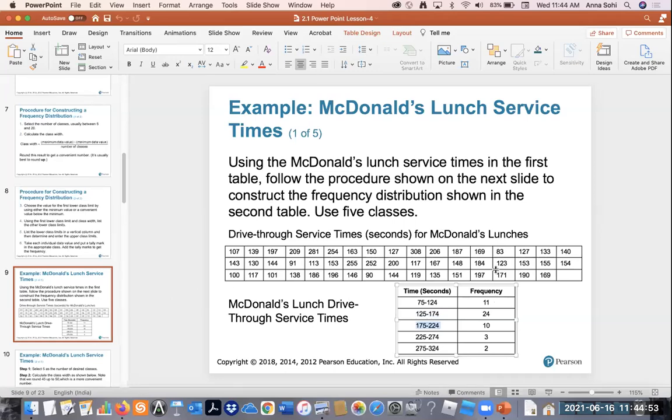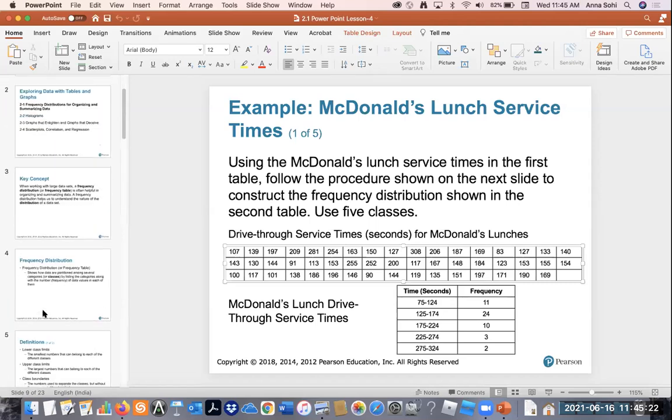And then frequency is the number of times that you have, for example, 75 to 124. How many of these drive-thrus or lunch services were between 75 seconds and 124? We go to the table and count the number of times that we see values between 75 and 124, and so forth. So that's the big goal.